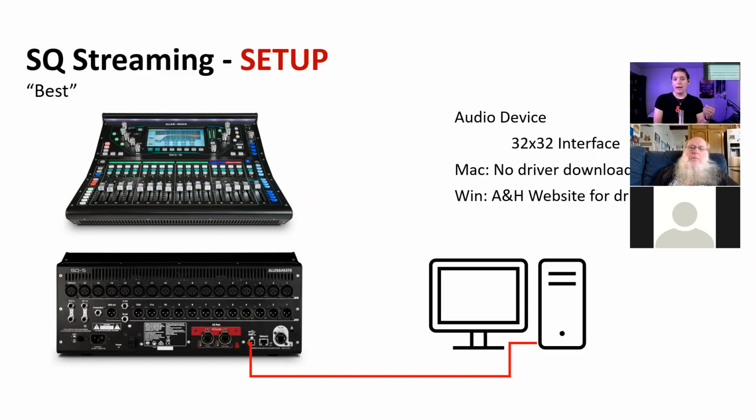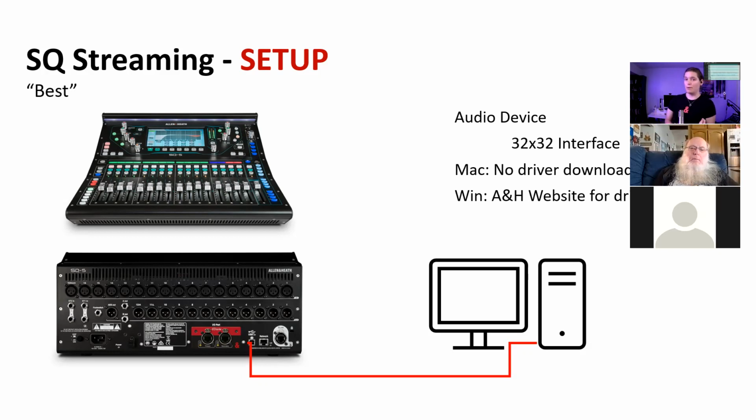And when we do it this way, we have a 32 by 32 interface, which means we can send out 32 channels over that USB-B port, and we can receive 32 as well. If you're plugging this into a Mac, you don't need any drivers. This is one of the magical things I love about Macintosh computers: you just plug it in and the Mac recognizes it instantly, and it's very easy to set up.